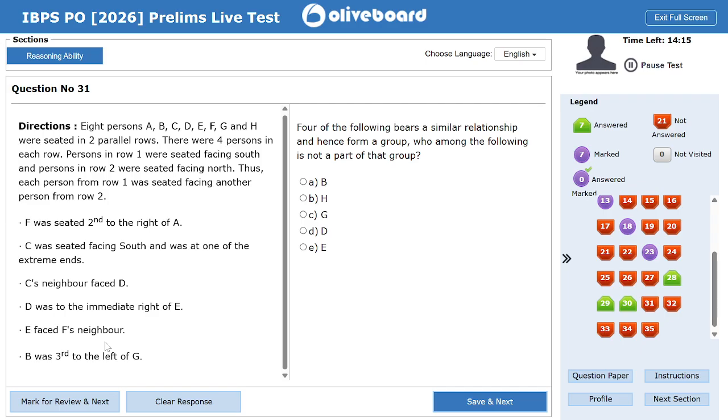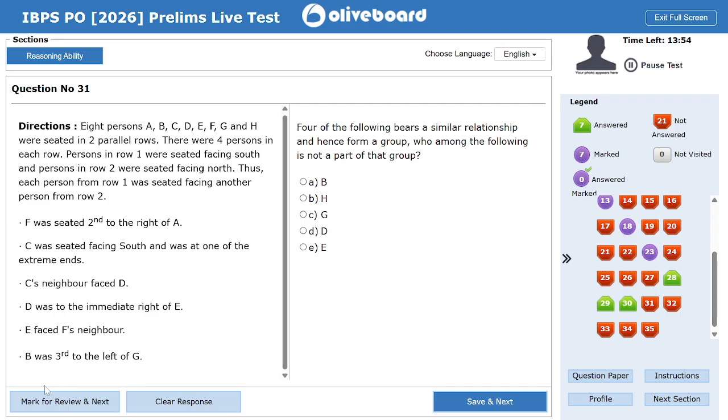F यहाँ पर भी हो सकते हैं, ये भी हो सकते हैं, लेकिन F, A का सेकेंड राइट में है, तो ये यहाँ पर होगा, यहाँ पर होगा. ओके.